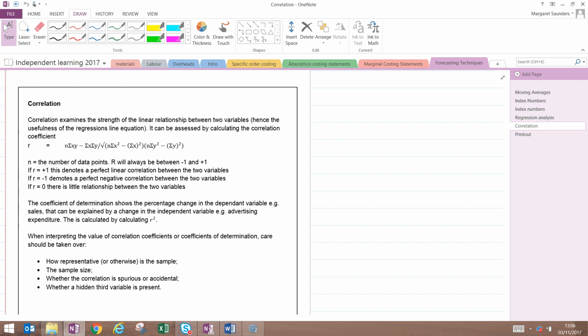To calculate the correlation coefficient, which is referred to as R, we have another formulae.